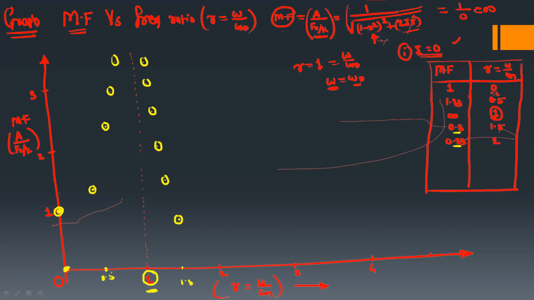Okay. So this is your graph. So actually this is a smooth curve. And this is the graph after resonant frequency. And then it will approach to 0 at 2 frequency. That is, the frequency ratio is 2, your value is 0.33. It is very close to 0 value.